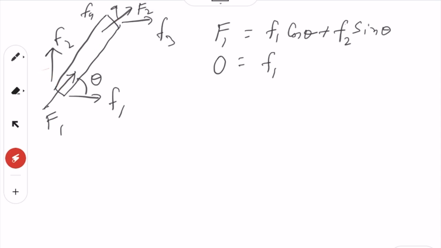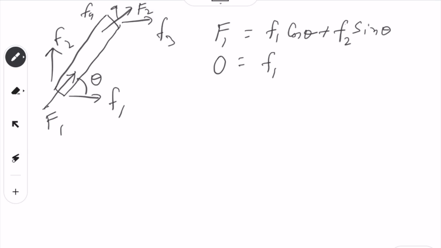The components of this force along the axis, added together, should equal F1. Otherwise, the component of F1 perpendicular to the axis plus the component of F2 perpendicular to the axis should be equal to 0.